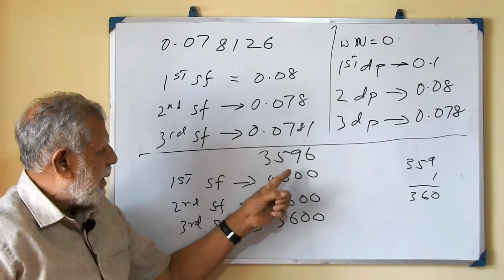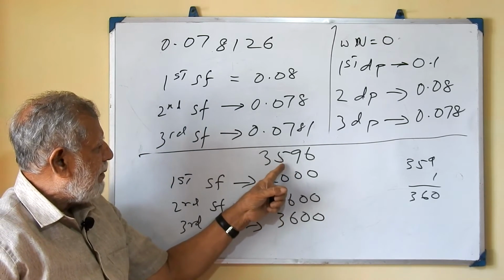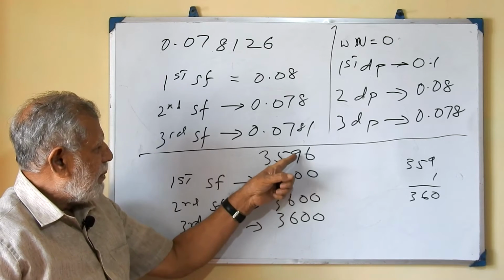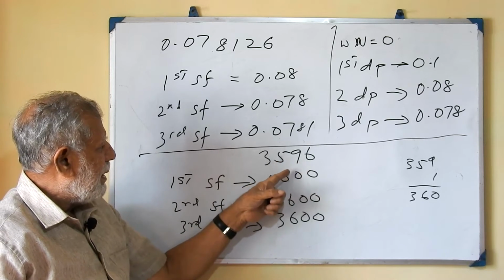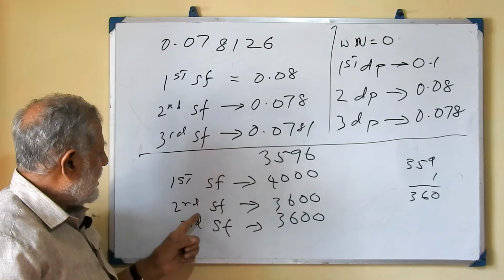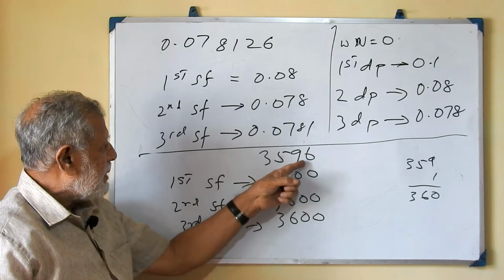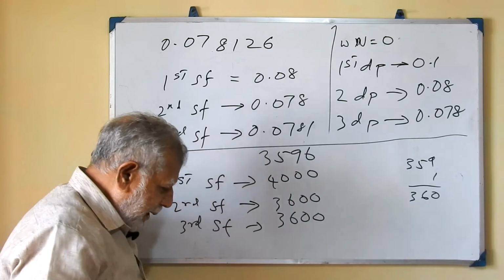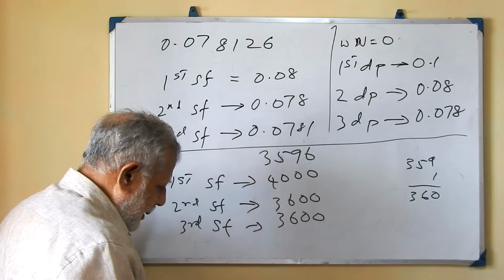I hope you have understood this one. So the second significant figure is also 3600, and the third significant figure is also 3600. We will take another example.